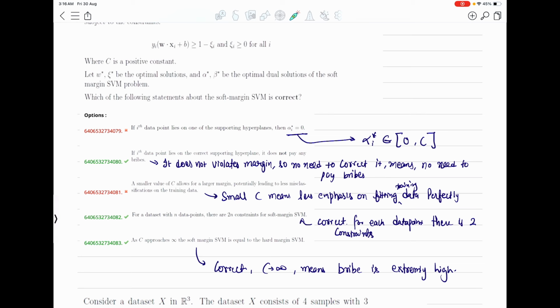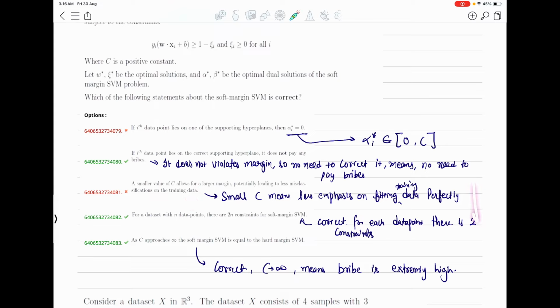A smaller value of C allows for a large margin, potentially leading to less misclassification of training data. No, a small C means less emphasis on fitting training data perfectly, so that is a wrong choice. For a dataset with n points, there will be 2n constraints for soft margin SVM.